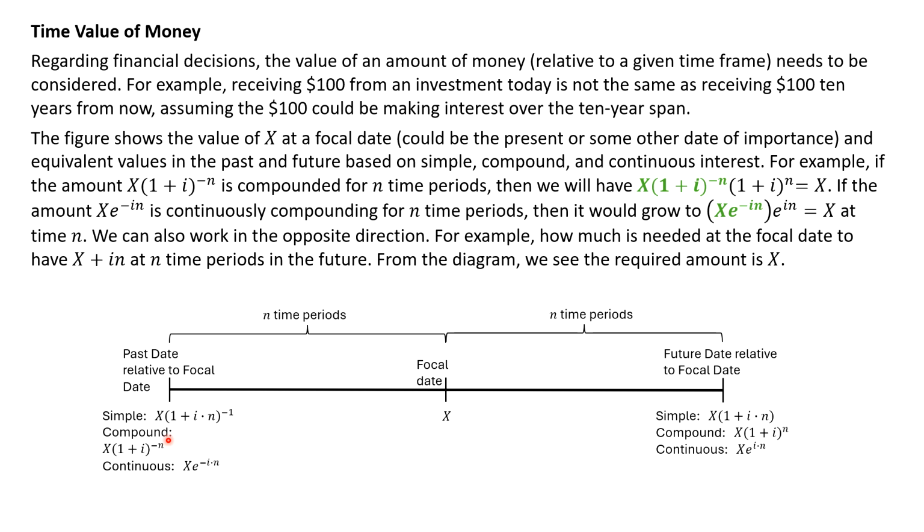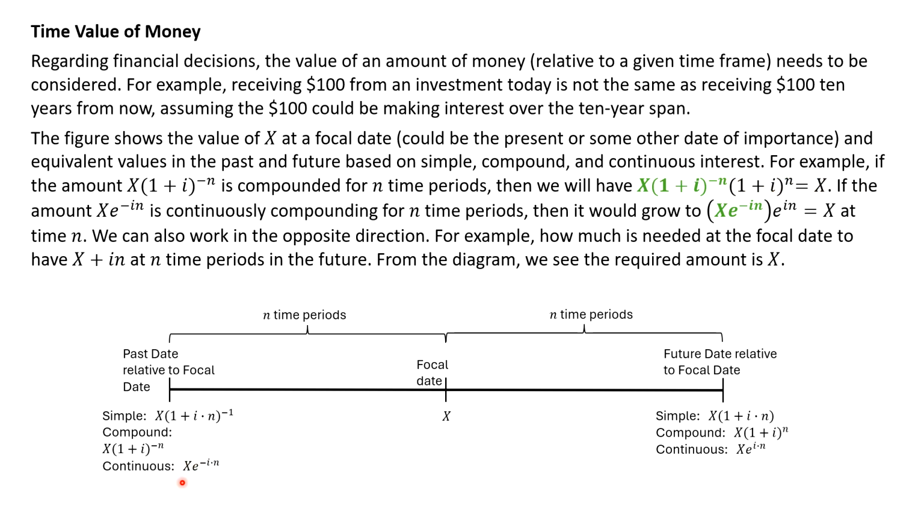If you started with x times 1 plus i to the minus n dollars, and you had n time periods with interest rate i per time period, then this would be your principal, and you would multiply this times your 1 plus i to the n, and that would give you x.